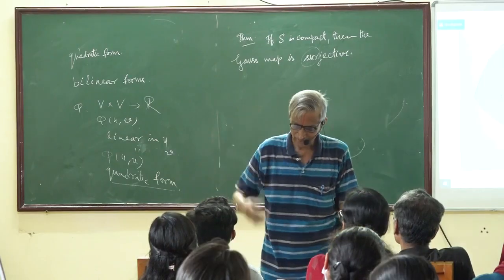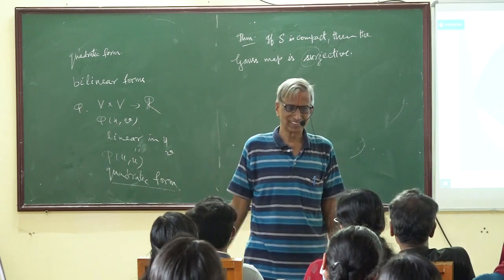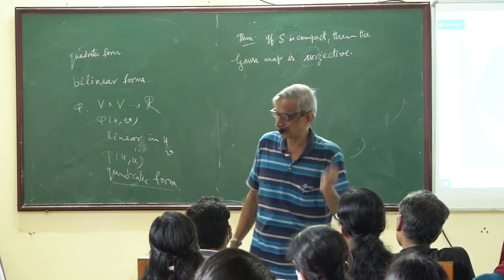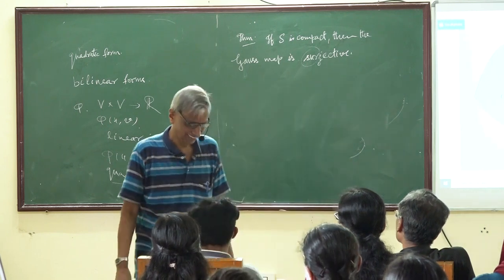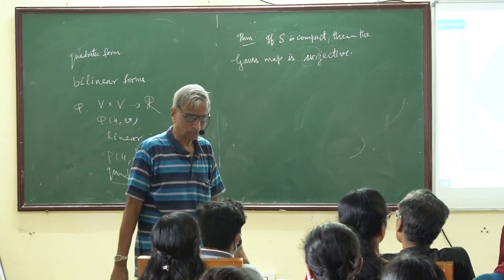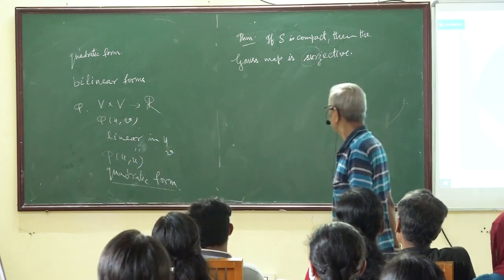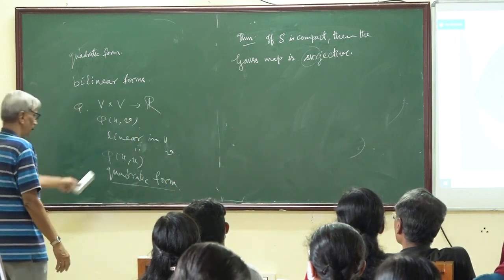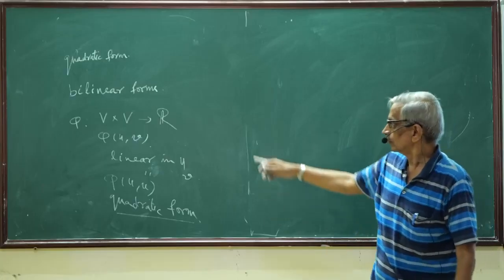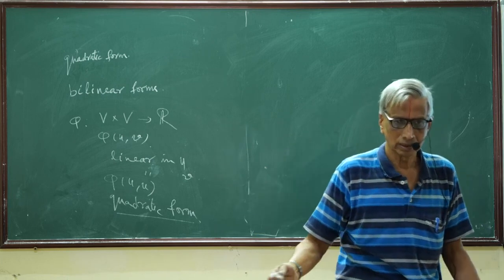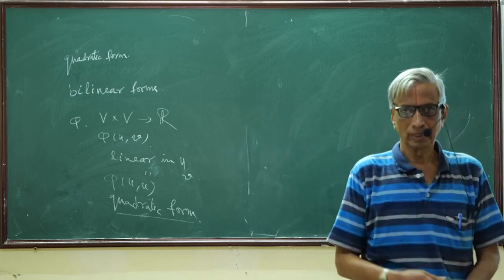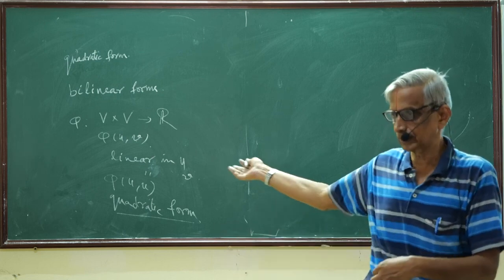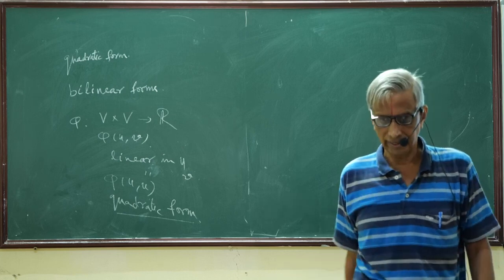Of course, later on we have to talk of some other forms, where form will mean something else, some differential forms. So here, when you talk of the fundamental forms of a surface, they are quadratic forms. So an inner product is an example of a bilinear form, and the norm square that you get from the inner product is an example of a corresponding quadratic form.